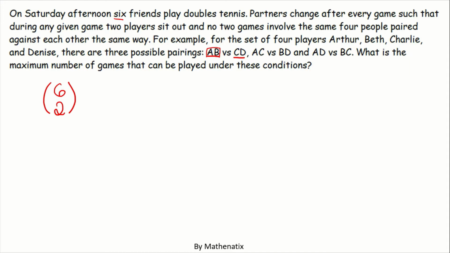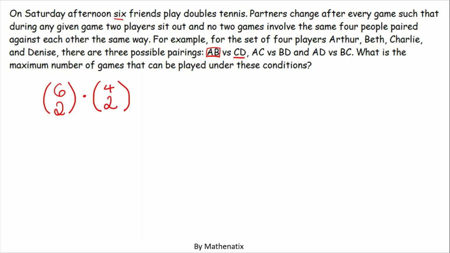If you didn't understand that, think about it. 6 choose 2 is counting the number of ways to choose 2 people from 6 people. What we want is to choose 2 people from 4 people because we've already used up 2 people. So the number of ways to choose a second team is 4 choose 2. So we would multiply here, 4 choose 2.